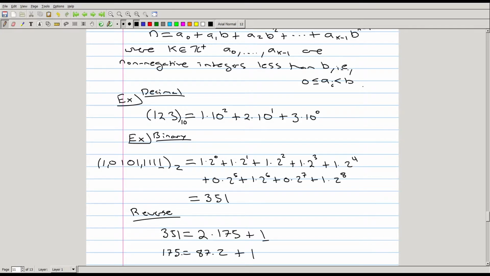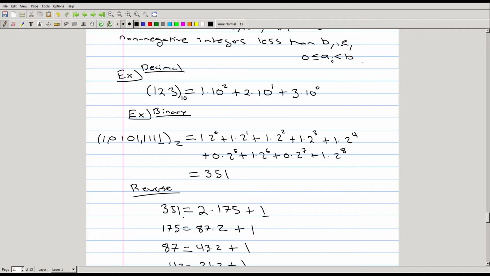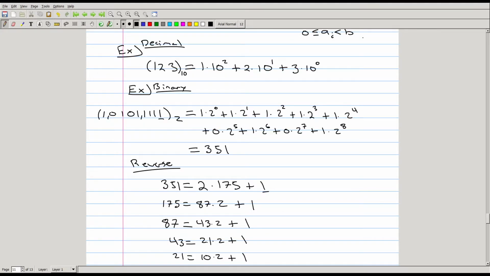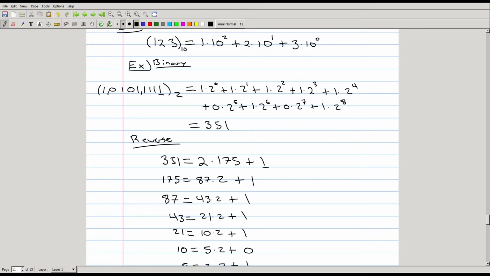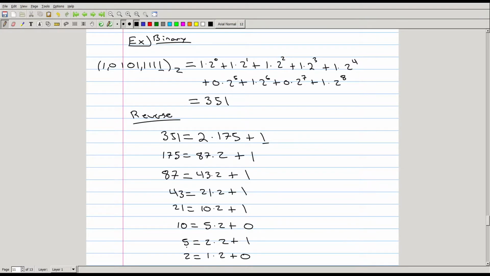The division of 175 by 2 gives us 87 times 2 plus 1, which means the next digit should be a 1. 87 is 43 times 2 plus 1, which is this one right here. 43 is equal to 21 times 2 plus 1, which is this one right here. 21 is equal to 10 times 2 plus 1, which is this one right here. 10 divided by 2 is 2 times 5 plus 0, which is this 0 right here. 5 is equal to 2 times 2 plus 1, which is this 1 right here. 2 is equal to 1 times 2 plus 0, which is this 0 right here.